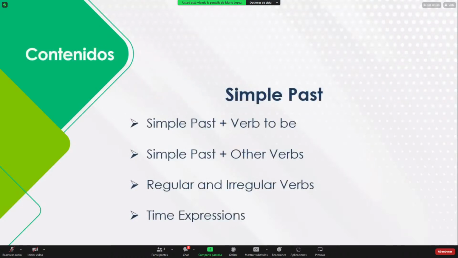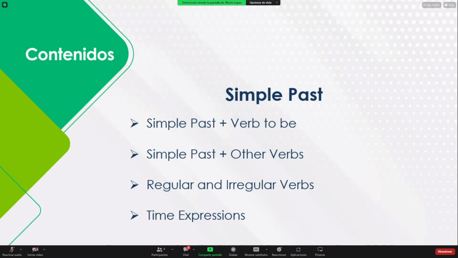The content of the presentation is the simple past plus verb to be, simple past plus other verbs, and regular and irregular verbs, and some time expressions that we can use in past.